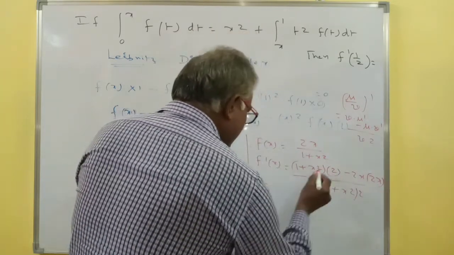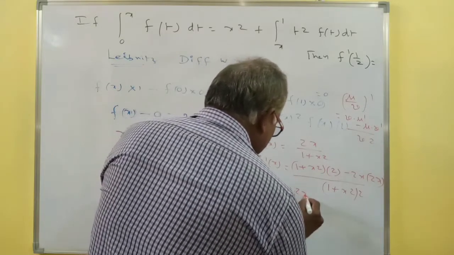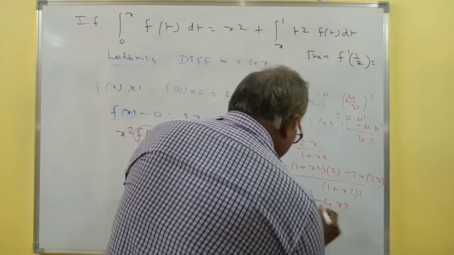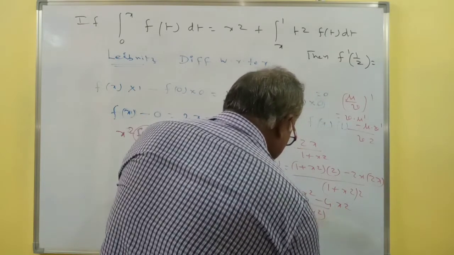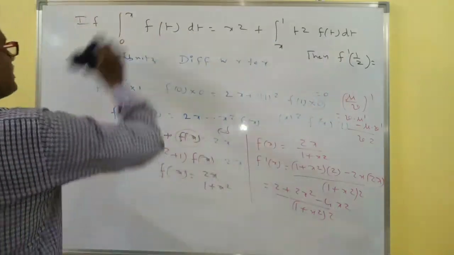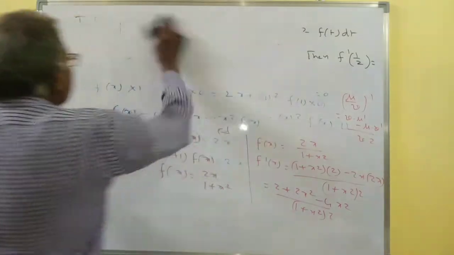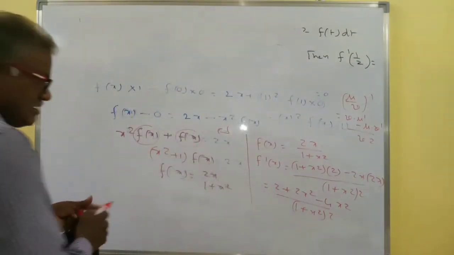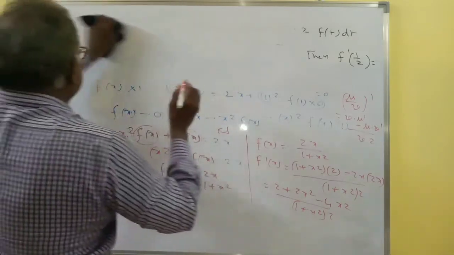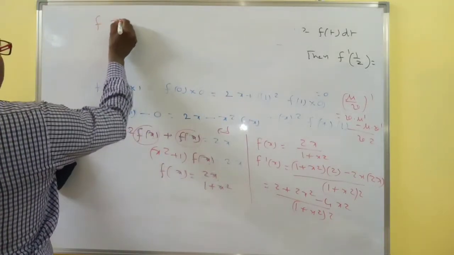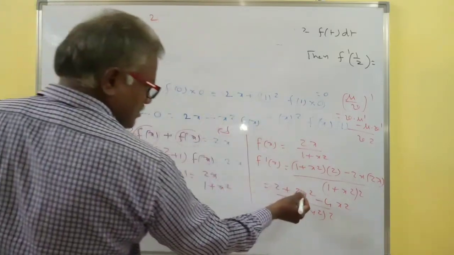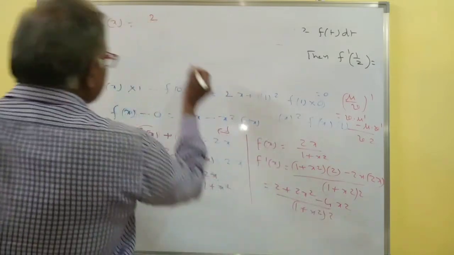So finally what we have to obtain? 2 into 1 is 2. Here 2x square minus 4x square by 1 plus x square whole square. That means here finally what is f dash of x? f dash of x is nothing but 2 plus 2x square minus 4x square, simplify.